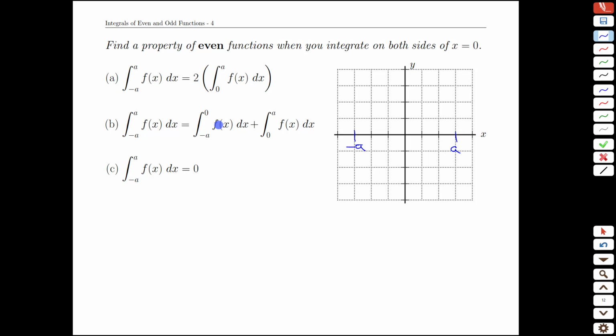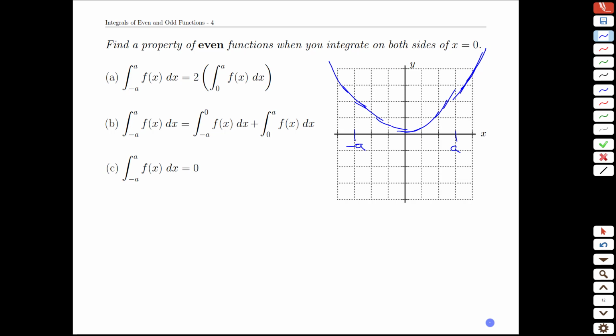All right, let's take an example of any even function. Let's say something hypothetically like a parabola, which has that important symmetry from left to right, same value at the same x and negative x values. Here, if we shade in the region that's being implied by the integral from negative a to a, what we see is that we get one copy of the integral and a second copy of it.